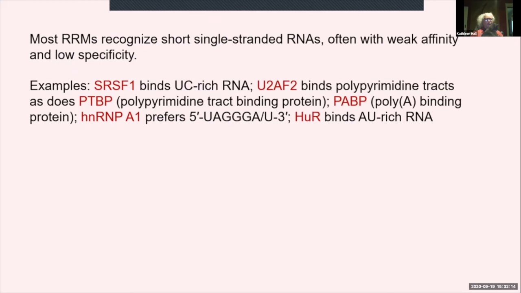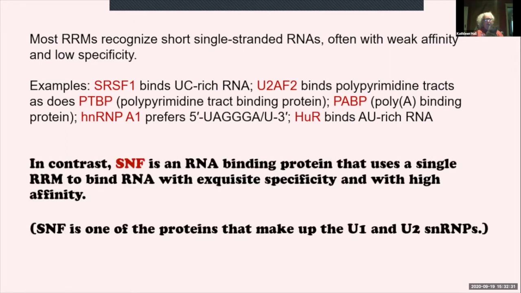So most of these RRMs recognize short single-stranded RNAs, and the affinity is often weak, and they are typically very promiscuous in what they bind. I'm giving you a couple of examples here if you're familiar with these. But the one I'm going to talk about today is unique in many ways. It's called SNF, which is an RNA binding protein. It uses a single RRM, although it has 2.